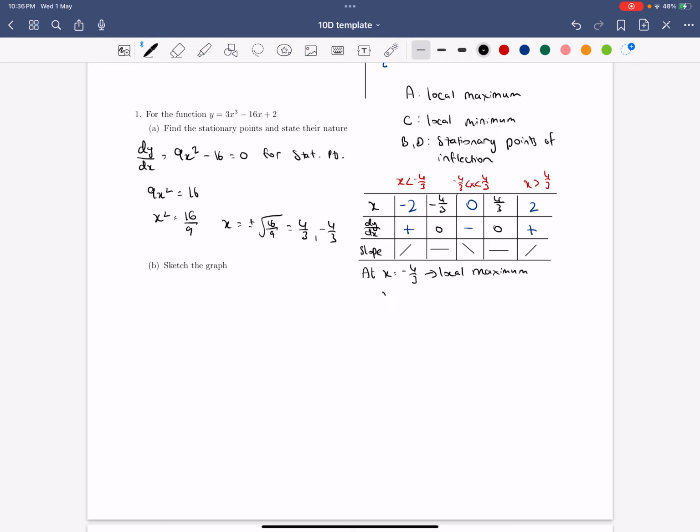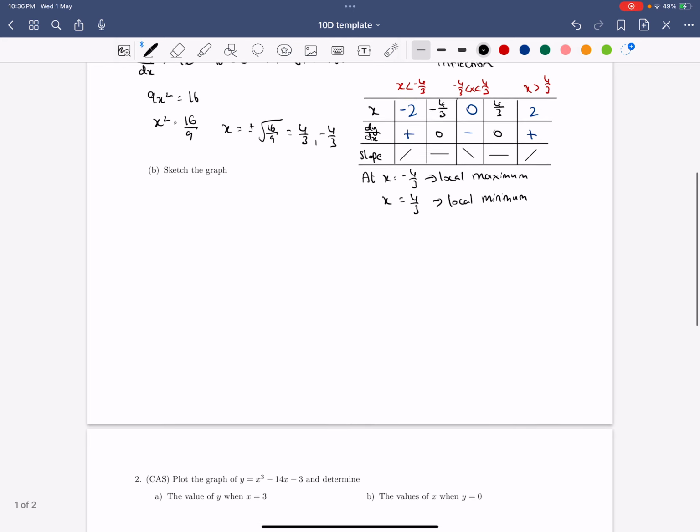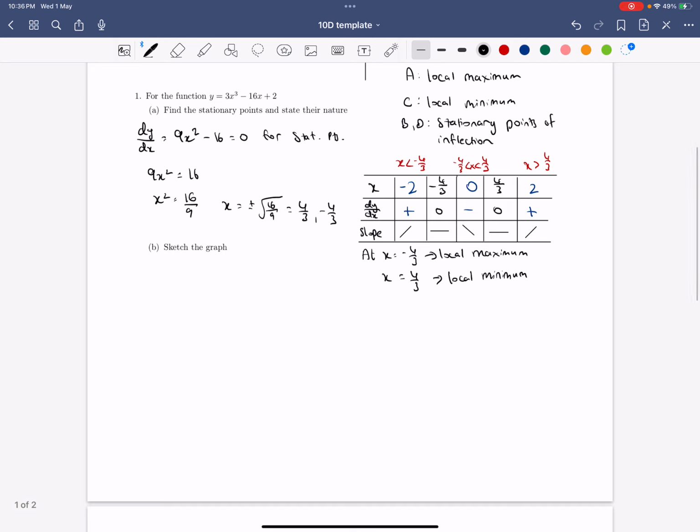And similarly, for x equals 4/3, we're talking about this behavior, which corresponds to a local minimum. And that's exactly how you find the nature of stationary points. Just sub in a point to the left, to the right, check what dy dx is, and it'll tell you straight away. And now it's asking you to sketch the graph.